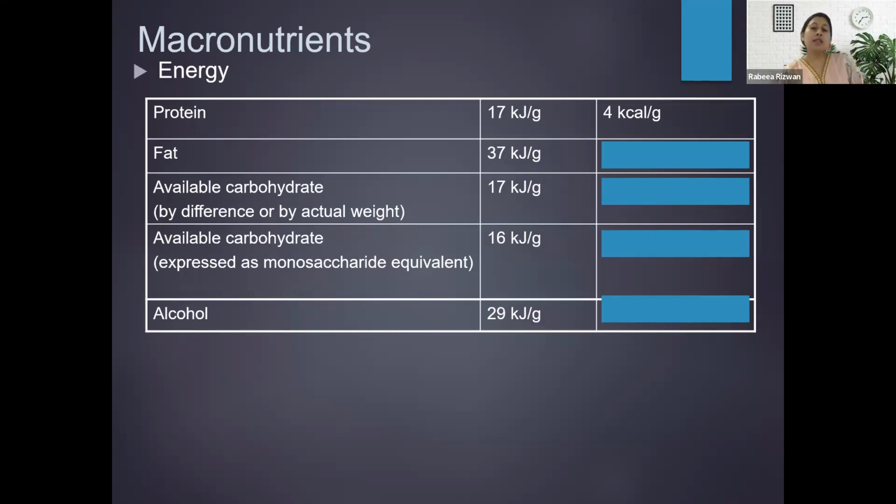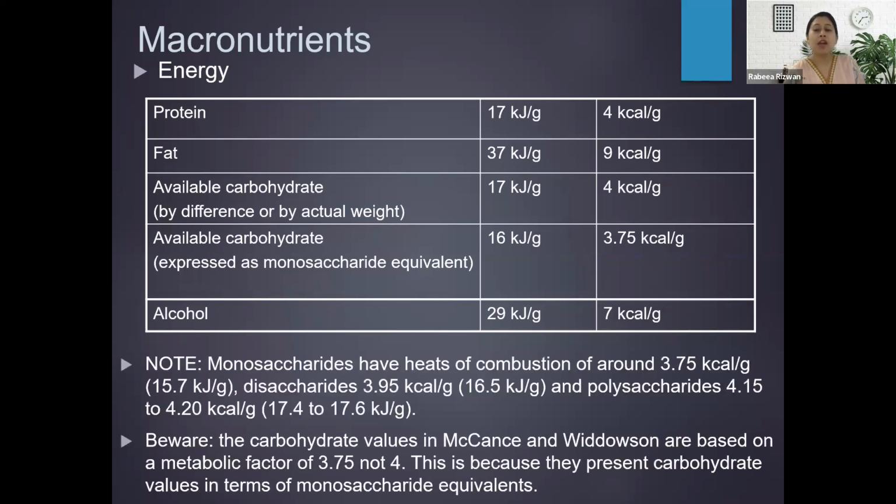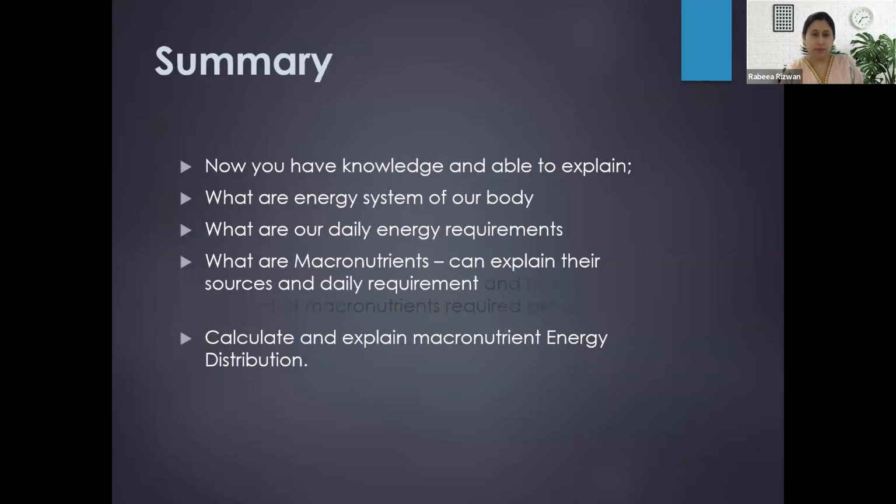If we ask in terms of kilocalories, it is different. For proteins, it is 4 kilocalories per gram. For fat, it is 9 kilocalories per gram. And for carbohydrates, it should be 3.75 kilocalories per gram. You have to practice these figures for your calculations.